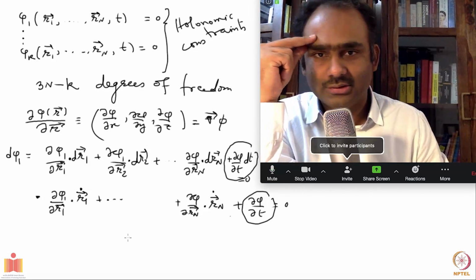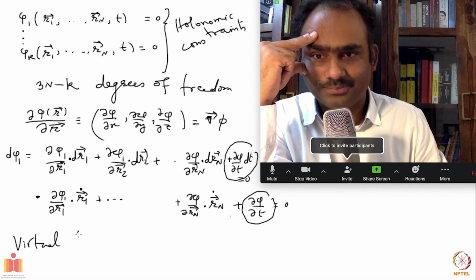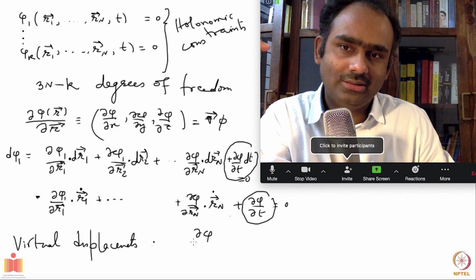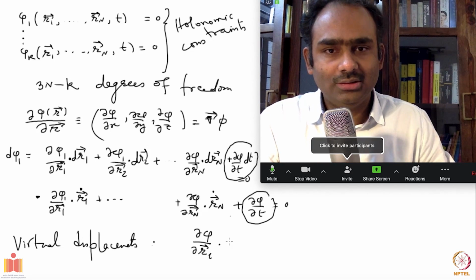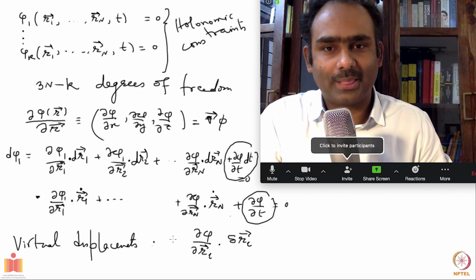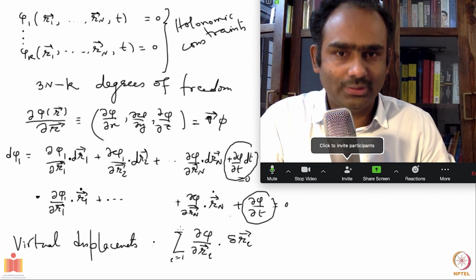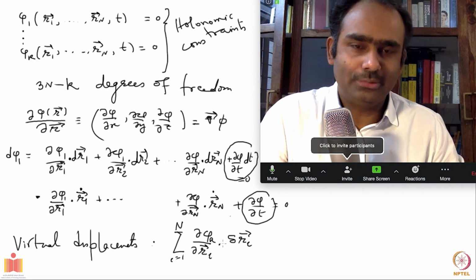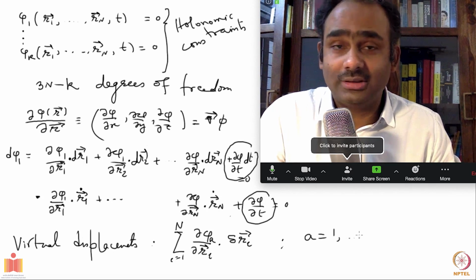So let me write in shorthand. Your virtual displacements, they satisfy the sum of ∂φ/∂r_i · δr_i equal to 0, so now I'm using the notation which is for virtual displacements, and now i runs from 1 to n, for all the particles, and I put a label a because there are a number of constraints. a runs from 1 to k.